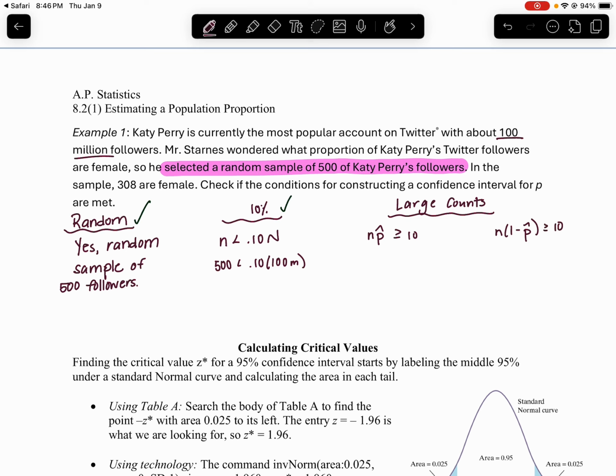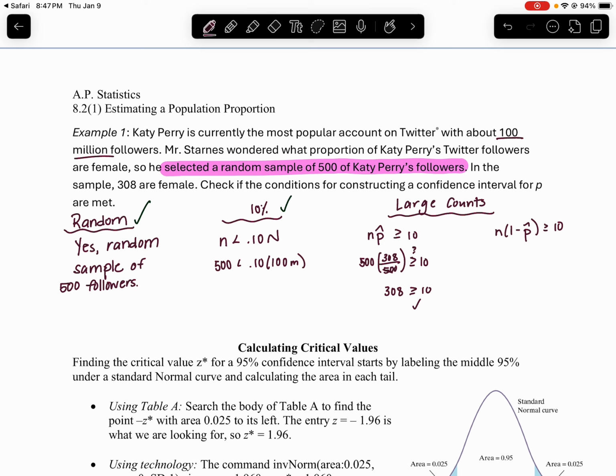So to figure this out, my n value is 500. My sample proportion is what? 308 out of 500. And if we go through and do the math, you can clearly see the 500s cancel. So we get that 308 is greater than or equal to 10. So that part works out, but remember, they both have to.